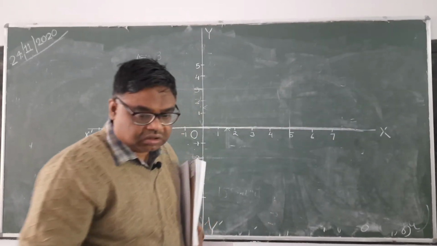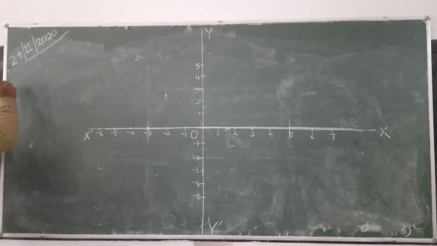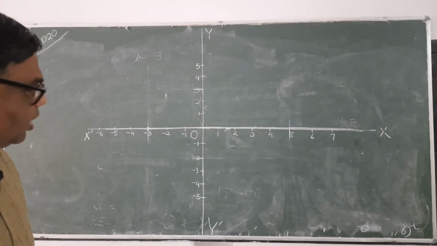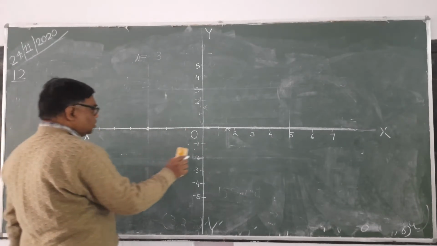Question number 12. On the graph paper, take 2 centimeter equals 1 unit on both axes and draw the lines.